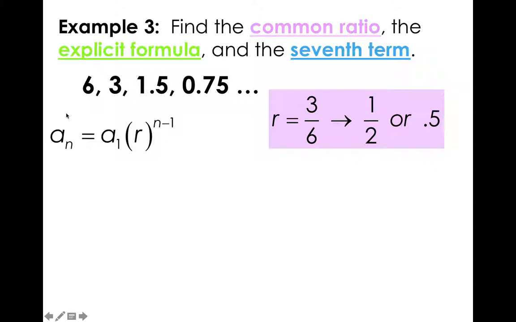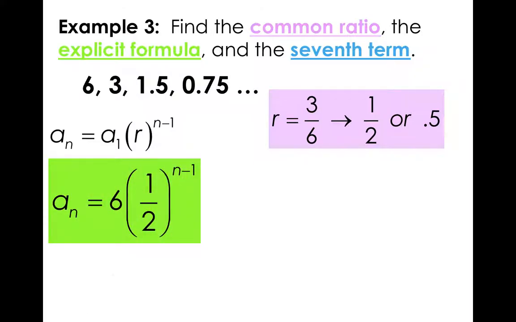Well, we also know that our common ratio is 0.5 or 1/2. The explicit formula says that we can write it as it is right here: the a sub 1 times the common ratio to the n minus 1. We don't put anything in the place of n, and we just keep this as a sub n. So this is our explicit formula. This formula right here can be used to find any term in any spot.